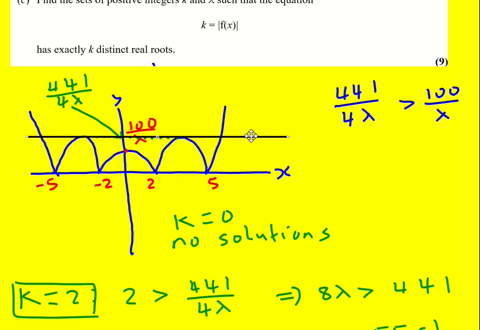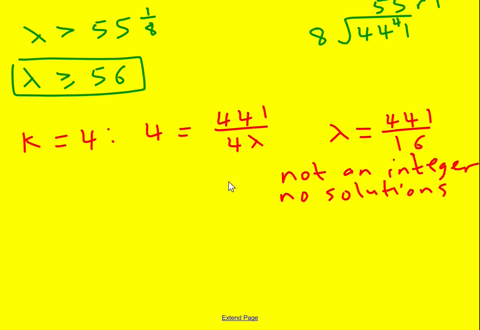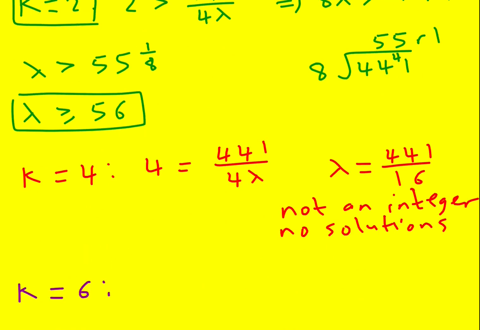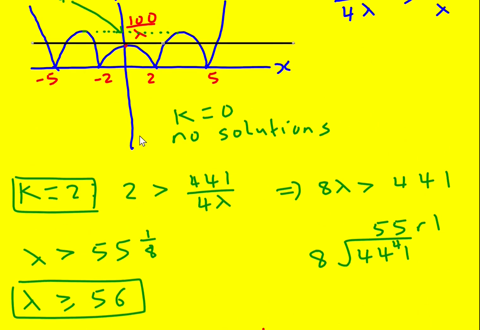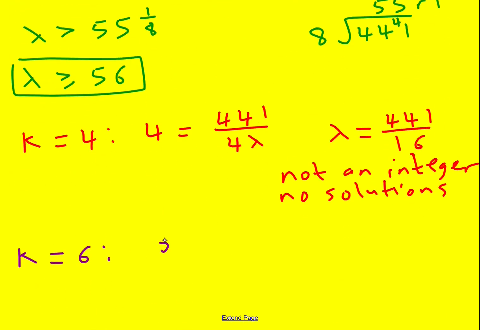Moving on then. Okay, if we keep going down, that's when we can get 6. So we'll get 6 here, all the way up to here. So it's going to be between these two values. It's got to be greater than 100 over lambda but less than 441 over 4 lambda.